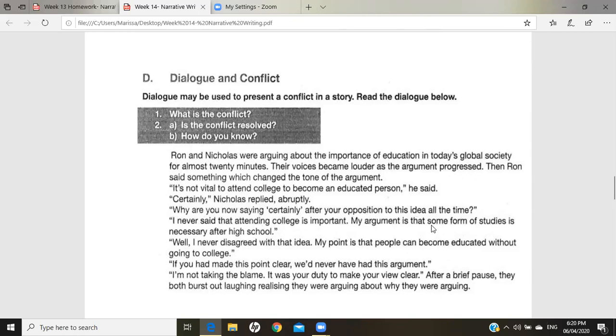My argument is that some form of studies is necessary after high school. Well, I never disagreed with that idea. My point is that people can become educated without going to college. If you had made this point clear, we'd never have had this argument. I'm not taking the blame. It was your duty to make your view clear. After a brief pause, they both burst out laughing, realizing they were arguing about why they were arguing.